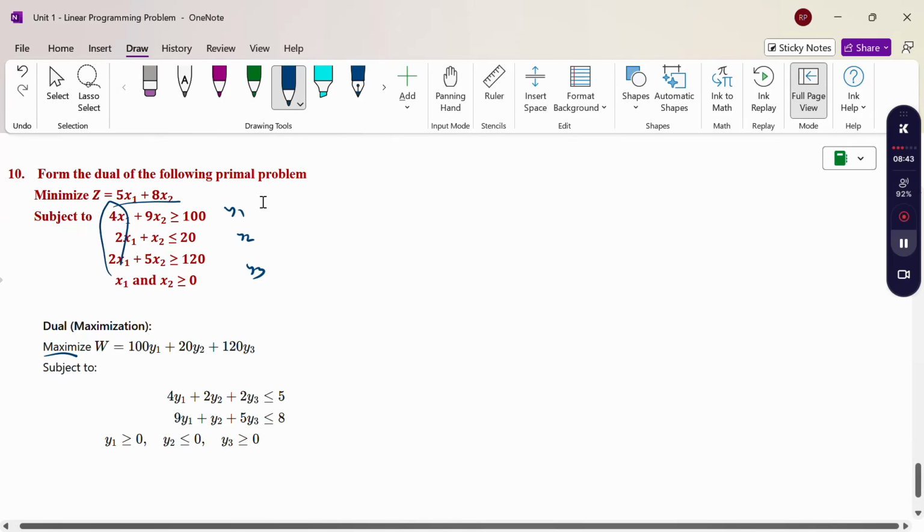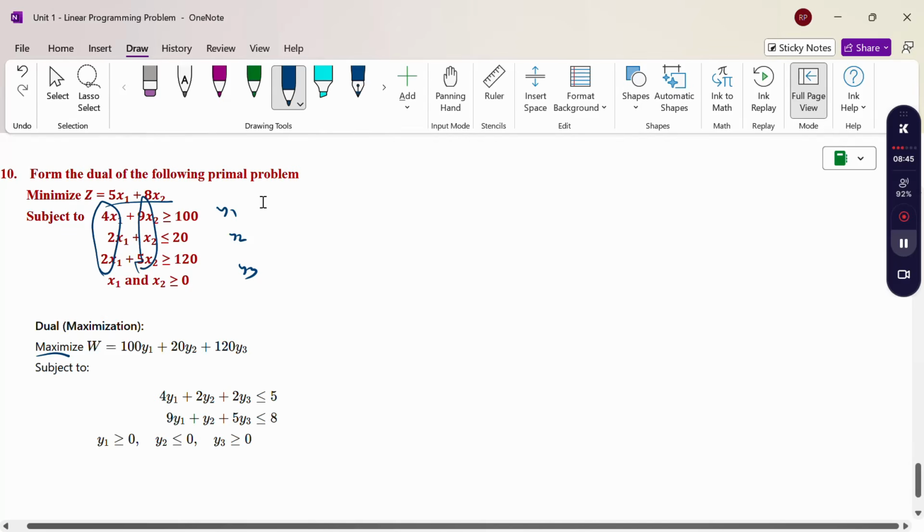Now the constraints: 4y1, 2y2, 2y3, greater than or equal to changes into less than or equal to, and 9y1, y2, and 5y3 less than or equal to 8. So this is our primal problem converted into the dual problem.